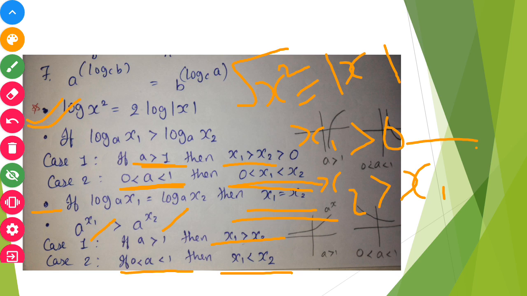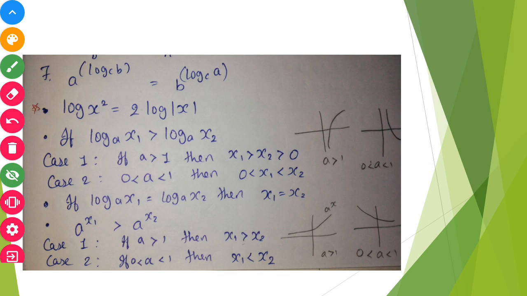Now let's see the graph. Here I have drawn the graph with pencil, a smaller graph. If a is greater than 1, then the graph of log x is like this. If it is between 0 and 1, the graph is decreasing, and here it is increasing. Similarly in exponentials, a raised to x is like this, and it is 0 to 1.